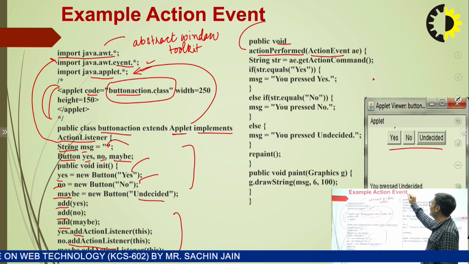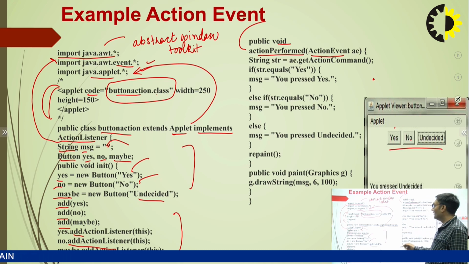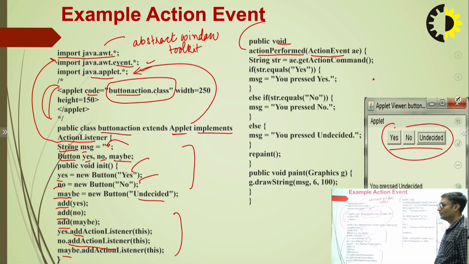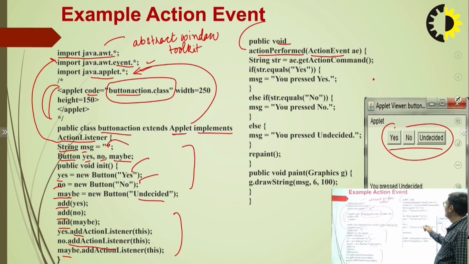So action performed is a method that will perform the action corresponding to the events that are generated through these three buttons, right? So in this way action performed will work.